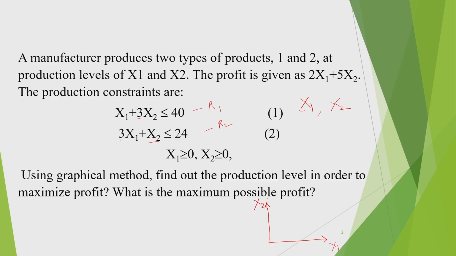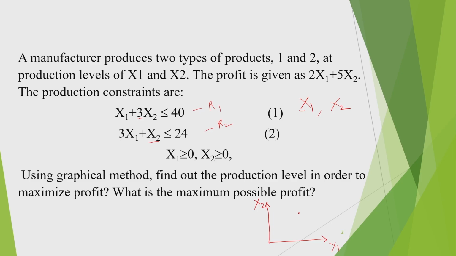Any possibility is shown in this space, and any coordinate tells me x1 and x2. How many constraints there are is not very important. Even if you have 20 constraints I can solve it, but here you have only 2 constraints.